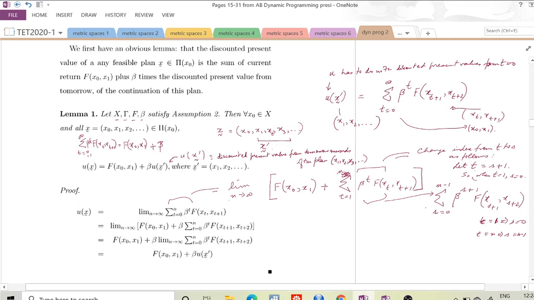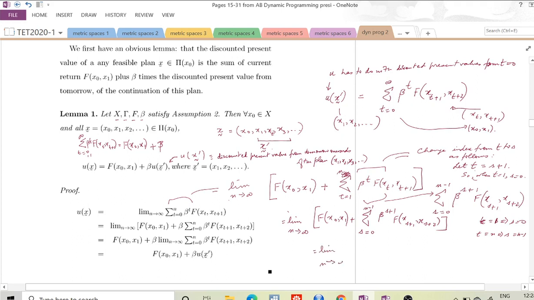So what I have is that this whole thing here is equal to the limit as n tends to infinity of f of x naught x1 plus summation s going from 0 to n minus 1 of beta to the s plus 1 f of that, right?